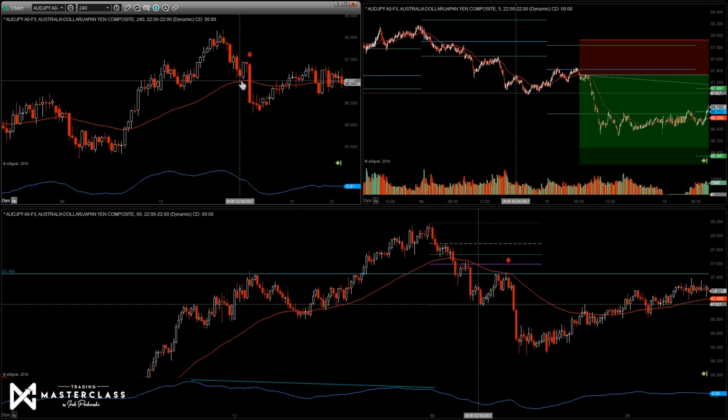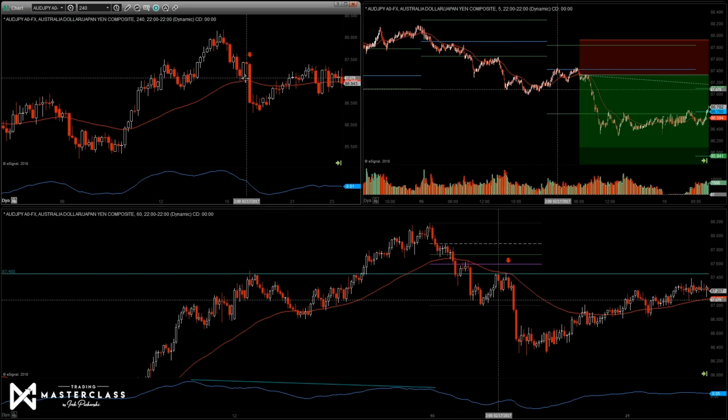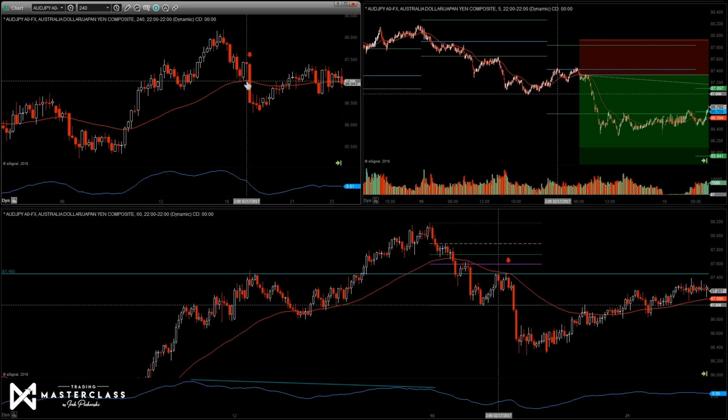So personally, I have roughly a 50% strike rate with these setups, whereas the other two are in the 60 range, okay, for me personally. So because I have a 50% strike rate with this, for me, it doesn't make sense to take a 1-to-1 trade, okay? So with a C, I will never take a 1-to-1 trade down to the 4 hour 50 EMA. With an A, I will.